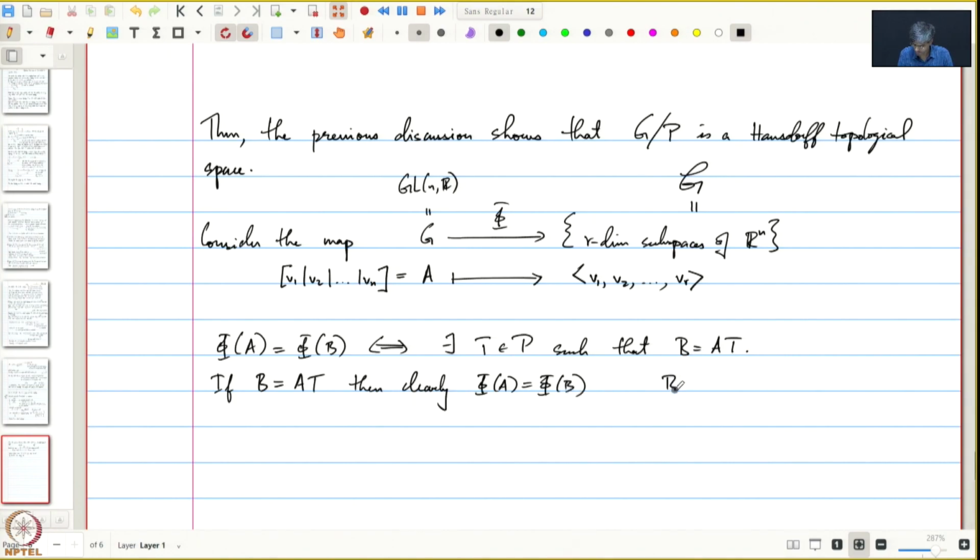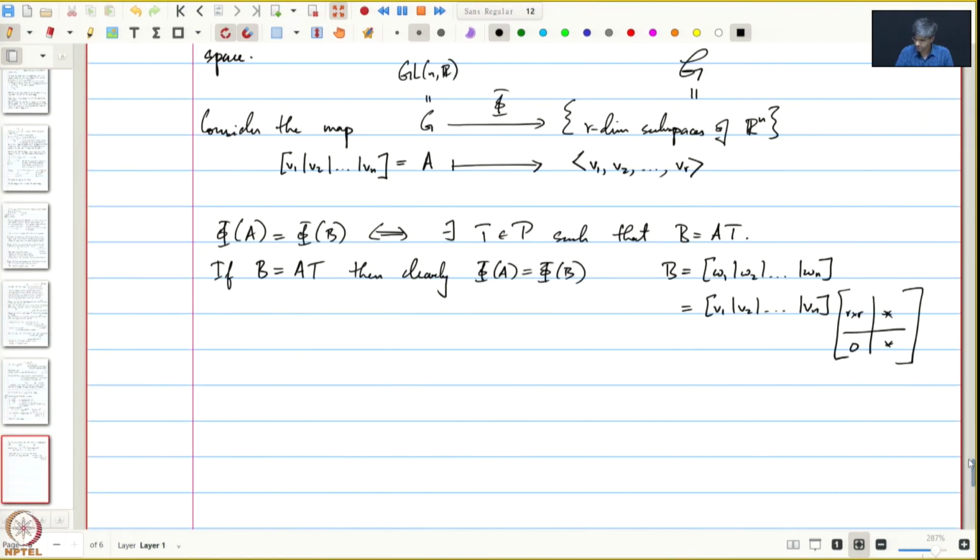Because if we write B as W1, W2 up to Wn, this is equal to V1, V2 up to Vn times this parabolic subgroup element, where this is r cross r, 0, and here we can have anything.